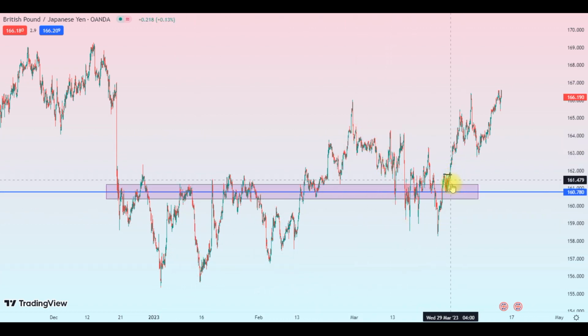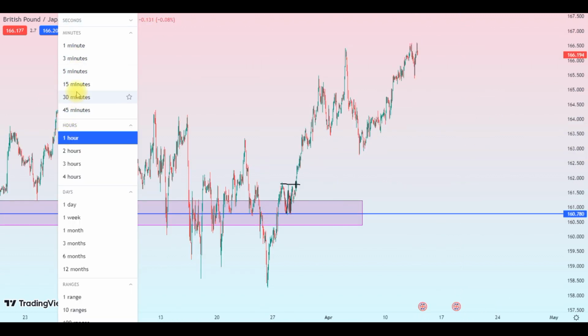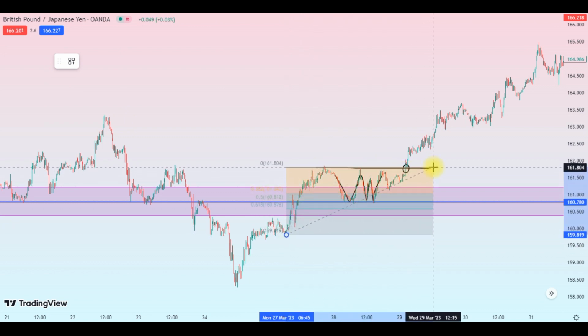We are at a major support and resistance area, and we're in an area where there's room for the uptrend to be continued. At that point, we are looking for an entry, and if you want to confirm that with the Fibonacci retracement, for example, you see that the market came back 50% of the initial movement.